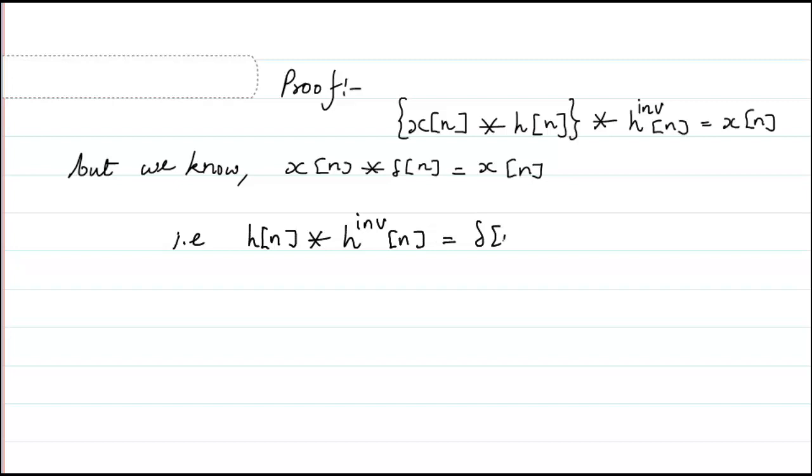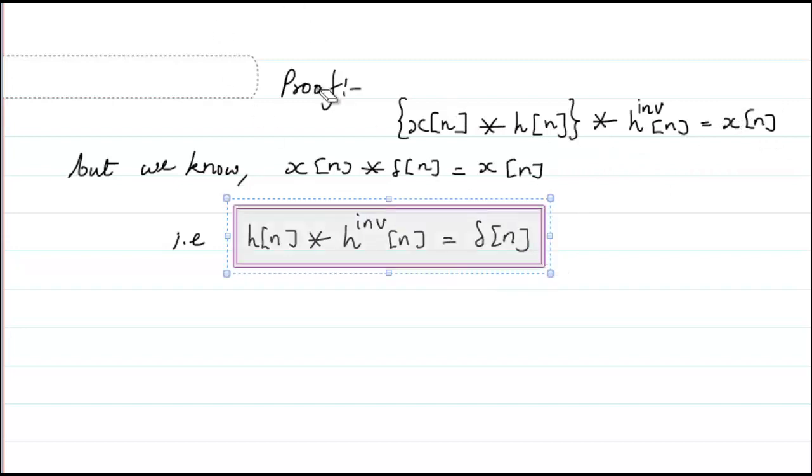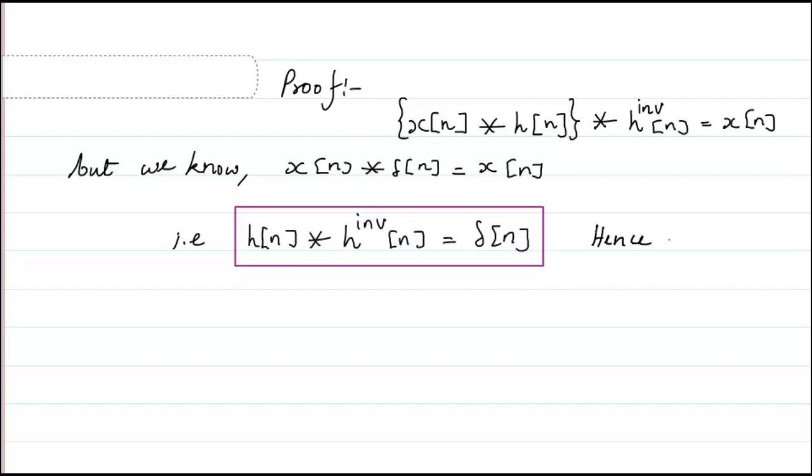Then only, if you substitute delta n here, you will get x of n back. So we have to get this. This is the condition, and that is proved. So hence proved. This is the simple proof for invertibility.